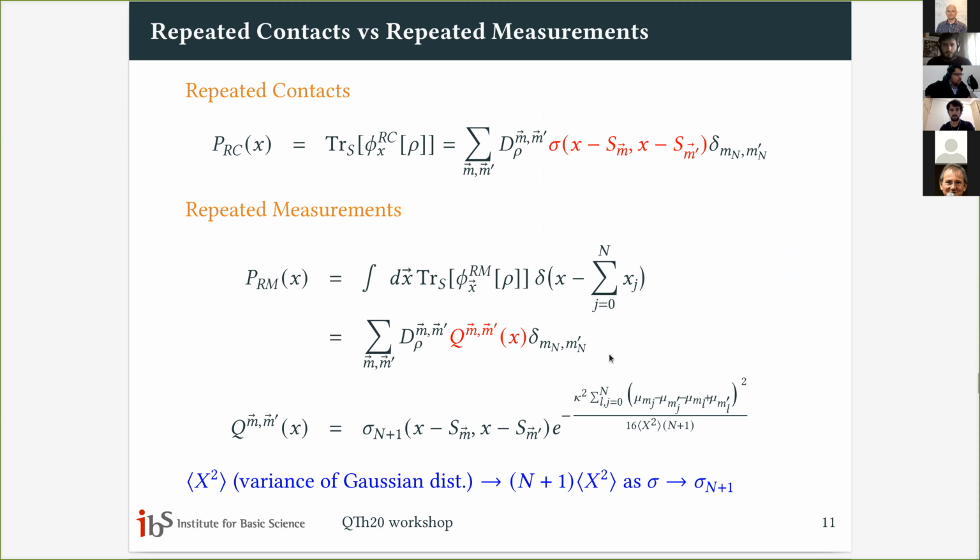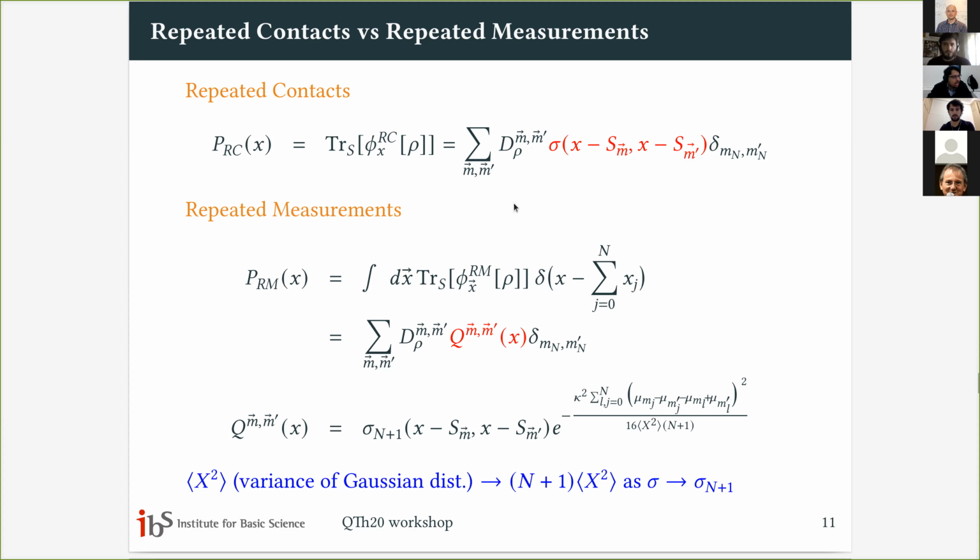Okay, so if you want to make a comparison now, so let's say you want to measure the sum of this observable, and you want to make a comparison between repeated contacts and repeated measurements, what you find is that the probability distribution functions look somewhat similar. So this is the probability distribution for the repeated contact scheme, whereas this is the probability distribution for the repeated measurement scheme.